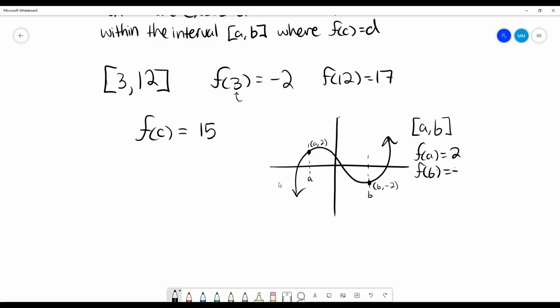equals -2. And we can see kind of visually looking at this line that it's going to cross every other y value on the way from this point to this point. And that's really all that the Intermediate Value Theorem tells us, which is that we have to cross all of these values if it's continuous.